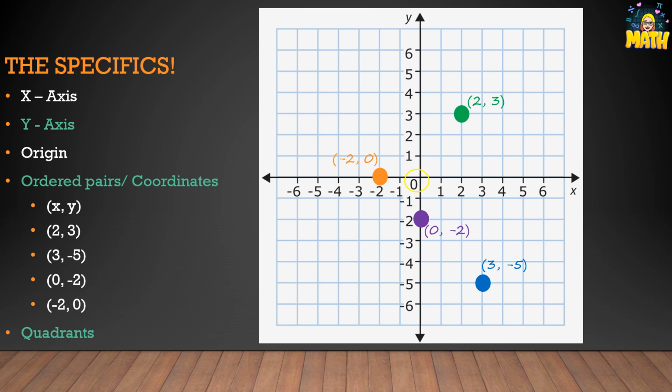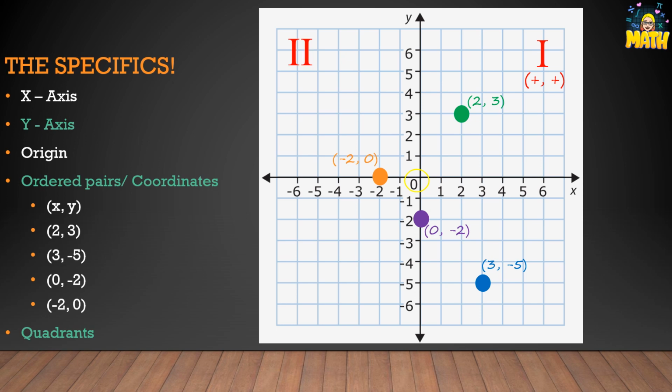Now, each of these 4 sections around the Cartesian plane are called quadrants. You may be used to working with this first one here, also known as quadrant 1, because that is the first one you learn. It is our positive numbers.